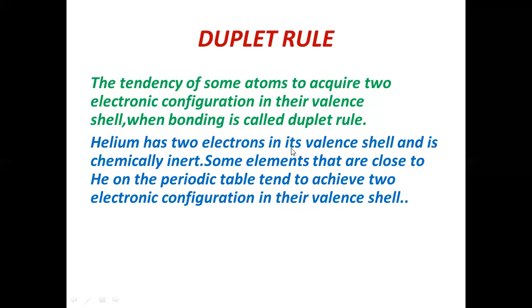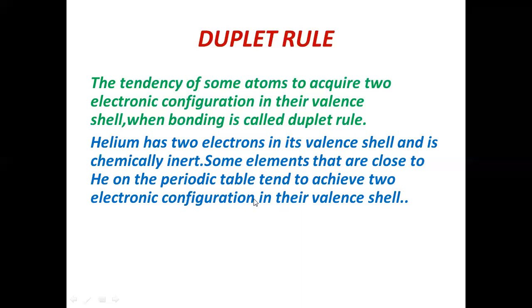Helium has 2 electrons in its valence shell, or its outermost shell, and it is already completely filled. So it is chemically inert. Chemically inert means it will not participate in bond formation because its outermost shell is already completely filled and it is highly stable. That's why we call it inert. Some elements that are close to helium on the periodic table tend to achieve 2 electronic configuration in their valence shell.